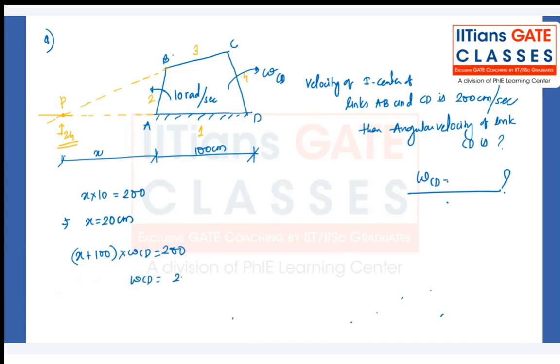So now omega CD has to be equal to 200 divided by 120, which will give me 5 by 3 radian per second. Okay, so the answer is 5 by 3.